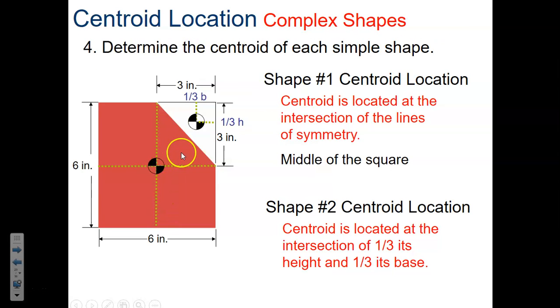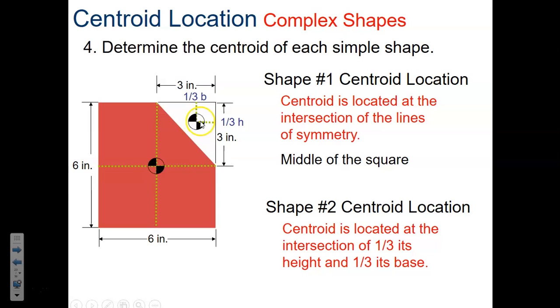Now, the triangle. Keep in mind that this triangle is upside down compared to the last triangle we looked at. So this one-third of the base and one-third of the height references the fatter, thicker end. So that's from this side here. We're going to be looking at the distance on the left side of that, which is different, obviously.